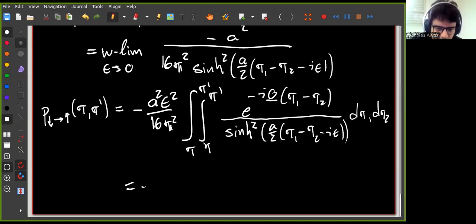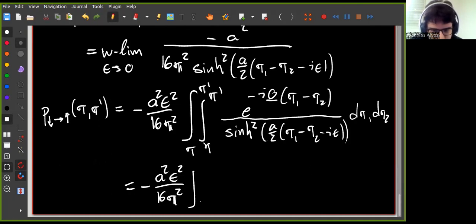We can make a change of variables so as to write from tau to tau prime.